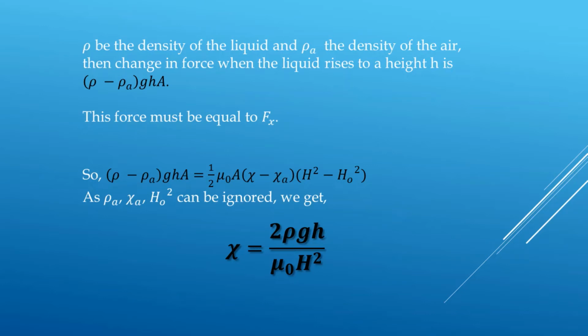So after neglecting rho a, chi a and h0 square, we get the relation chi is equal to 2 rho g h over mu 0 into capital H square, right? So here is the relation that we will use in this experiment.